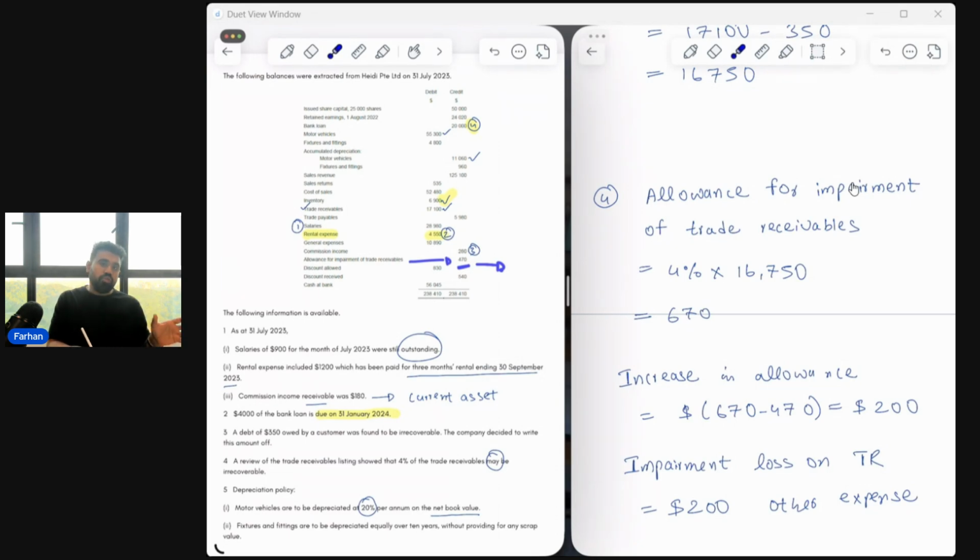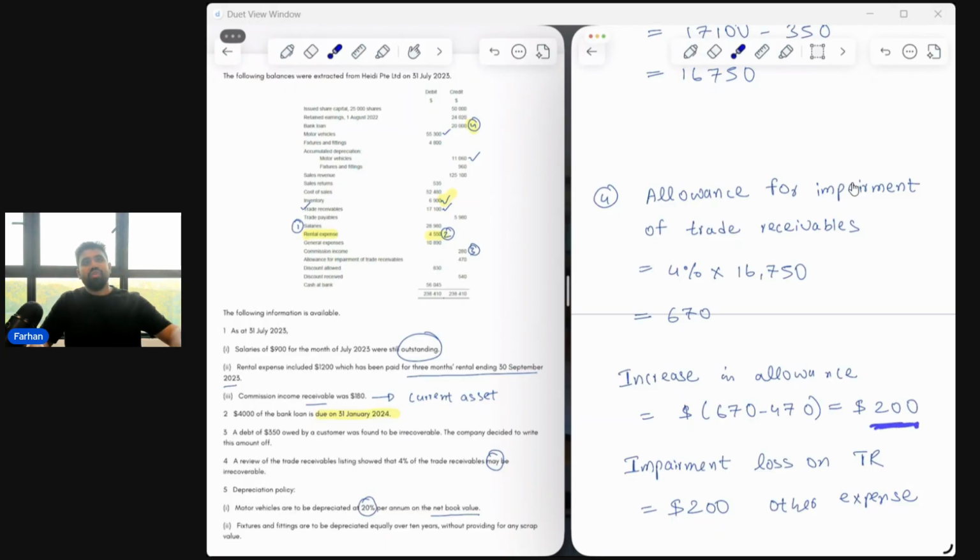So compared to the end of the previous financial year, it has increased to $670. And what is the amount of increase in this allowance? It's the difference between 670 and 470, which is $200.